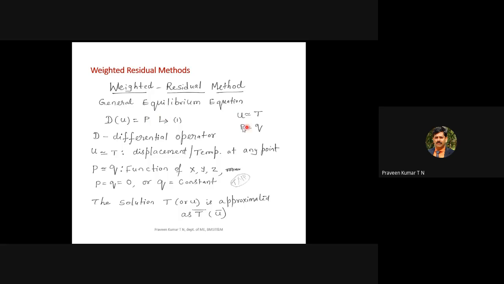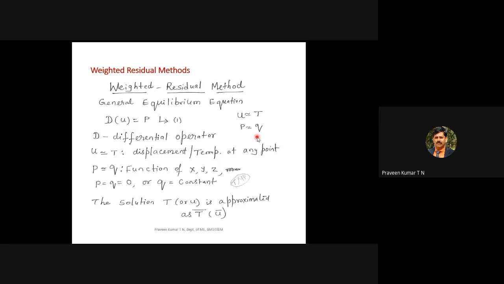When you come to heat transfer, u is replaced by temperature T, because u is the field variable. On the right hand side, the force is replaced by Q, which is nothing but the heat generation vector or heat flux vector. When heat is flowing along the x direction, we have qx, qy, qz, and so on.